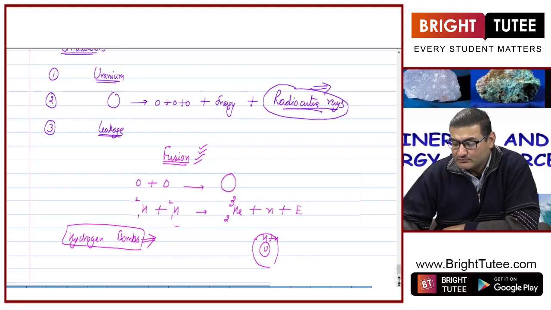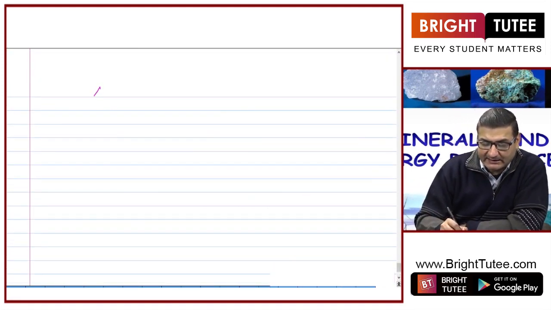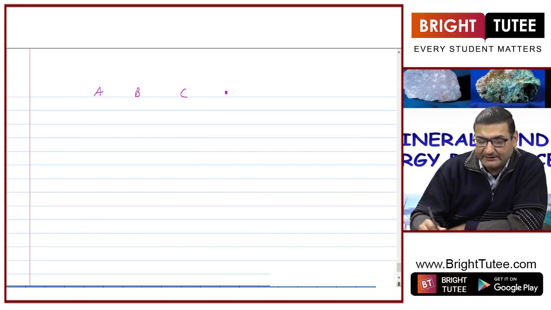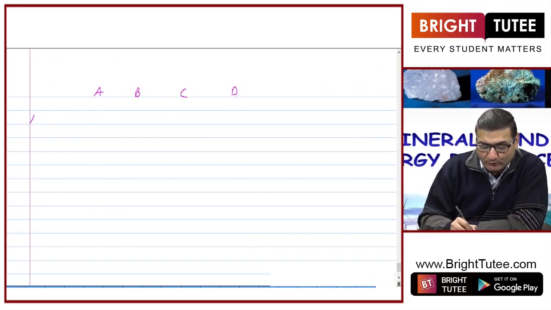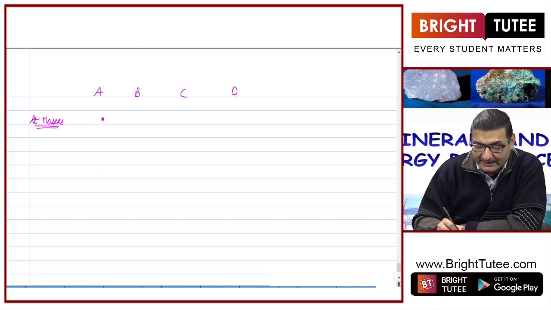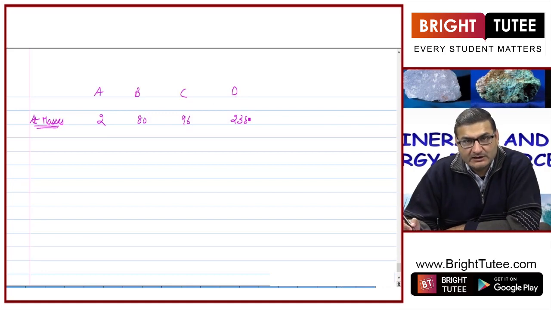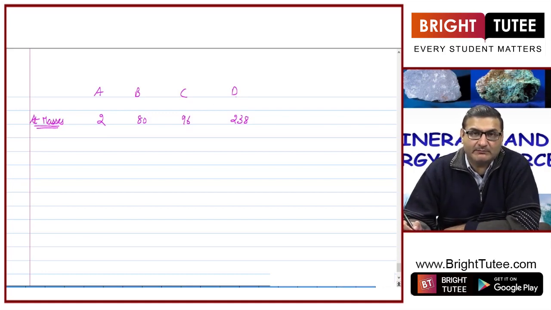Now at times you are given a question in the examination that there are a few elements A, B, C and D, and you will be given the atomic masses of these elements. For example, the atomic mass of A is 2, the atomic mass of B is 80, the atomic mass of C is 96 and D is 238. Which among these will be best suitable for nuclear fission reaction?